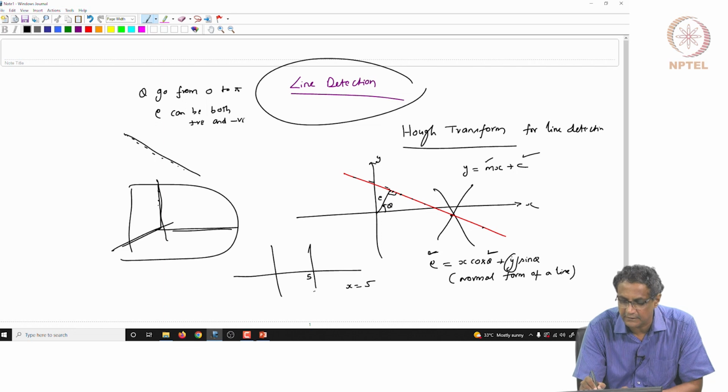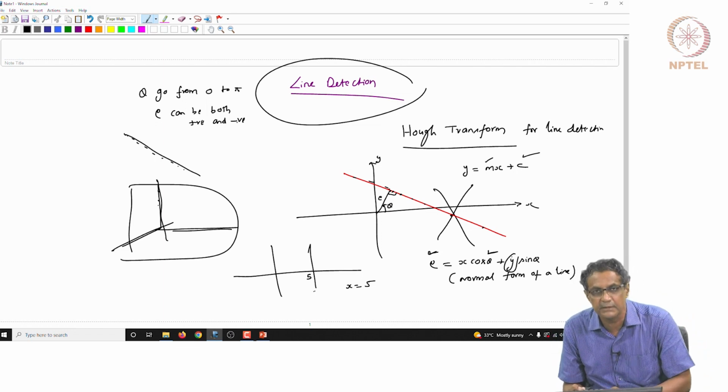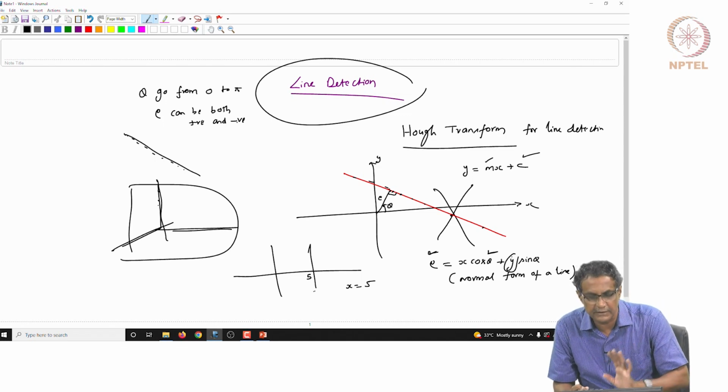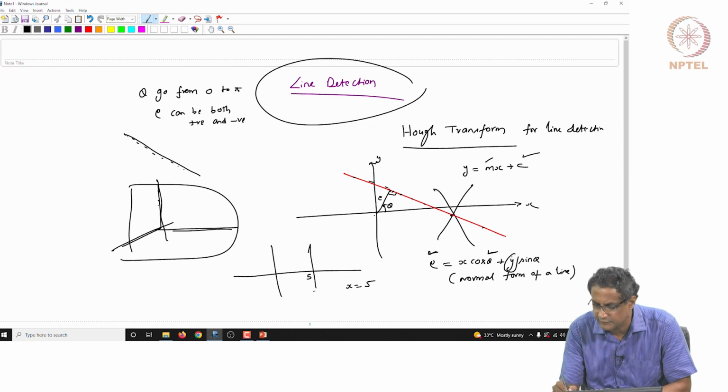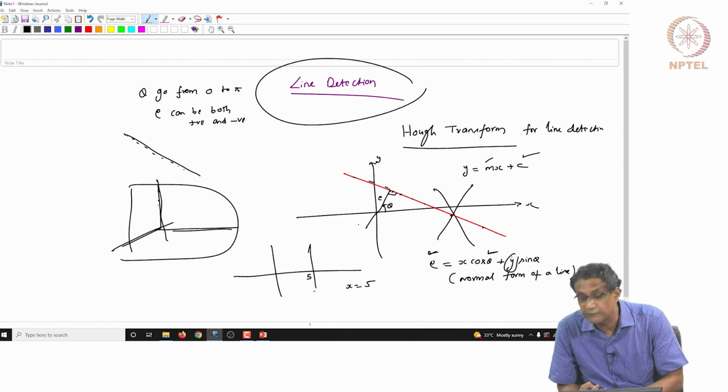You could have had theta going from 0 to 2 pi, in which case rho could have been simply a positive number, but the more standard thing to do is to let theta go from 0 to pi, and so if your rho is on this side, then we will take a negative sign for that. So this rho is like this. This is just a construction aspect.